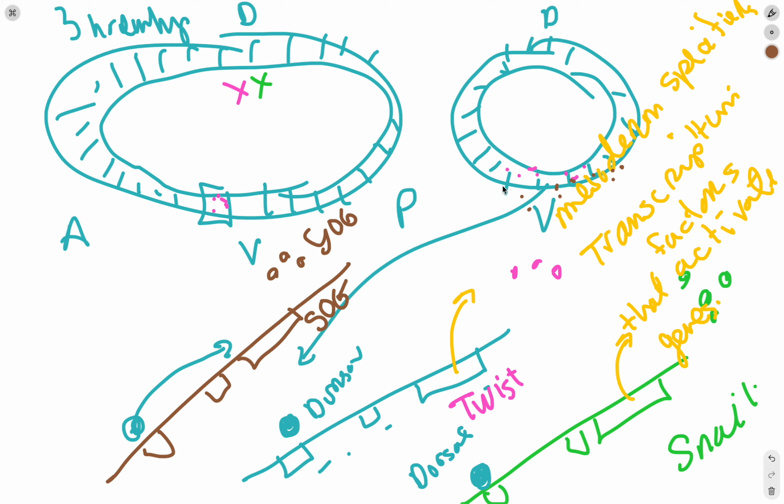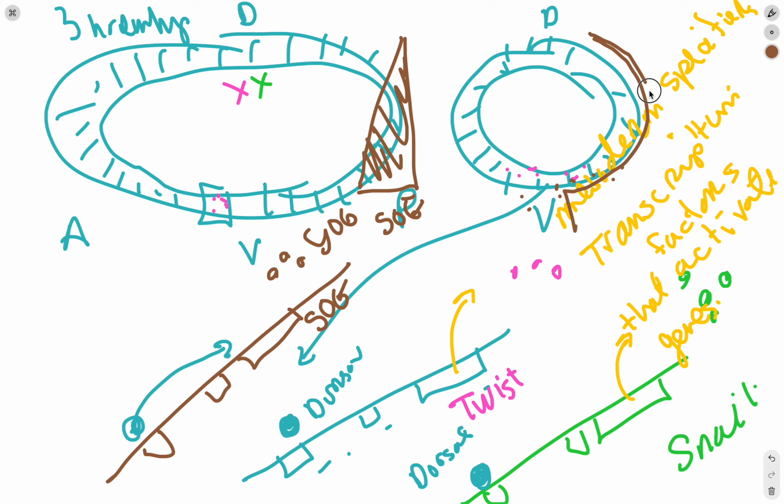So SOG gets activated. So you could draw basically a concentration gradient like that of SOG. So there's SOG. And developmental biologists color that in as just a triangle. There's lots down here and a little up there. And what our book does is it goes like this. It says there's a curve to this, but that's what the graph would look like, lots of it down here, a little up there, and then the same way around this other side of this bilateral symmetry like that, okay?